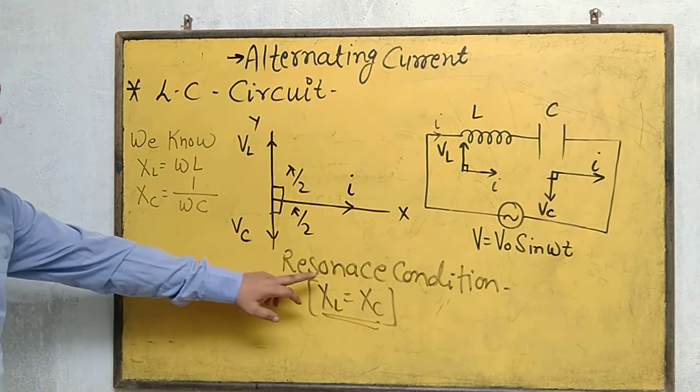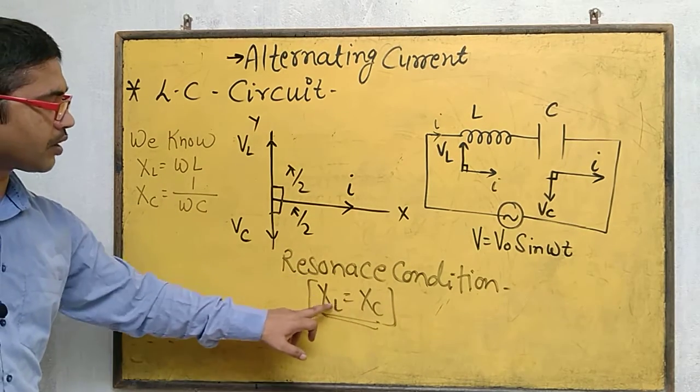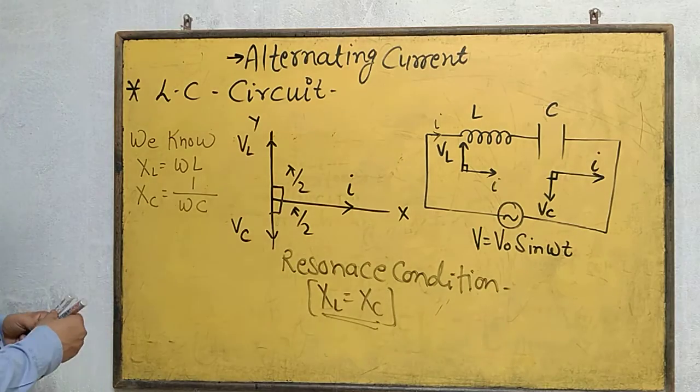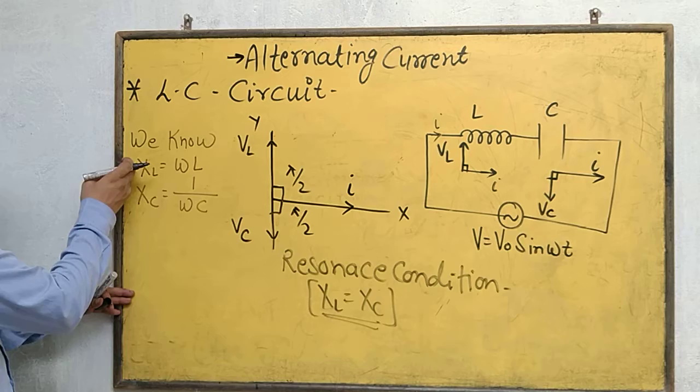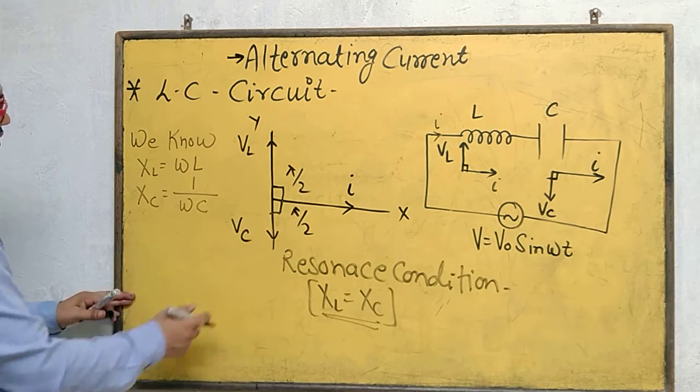Now according to the resonance condition, these two must be equal to each other. So you can equate the right hand sides, because the left hand sides are equal according to the condition.